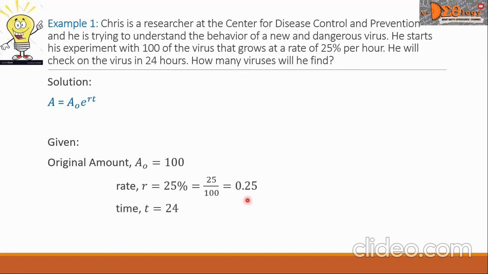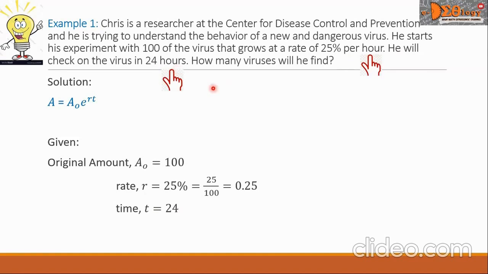Then the next is the time denoted by T, and this is 24 hours. Please take note that the rate and the time must be of the same unit of measurement. You see here, the rate is with respect to hour, and our time is 24 hours.